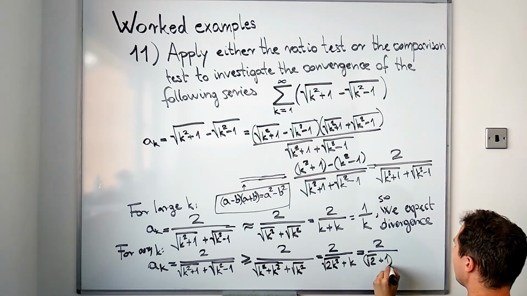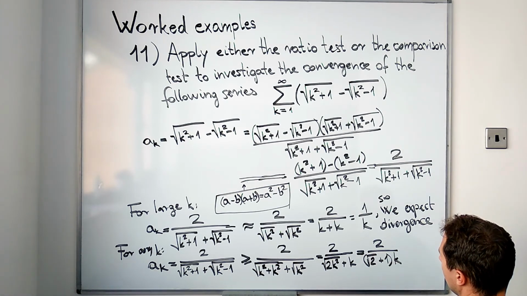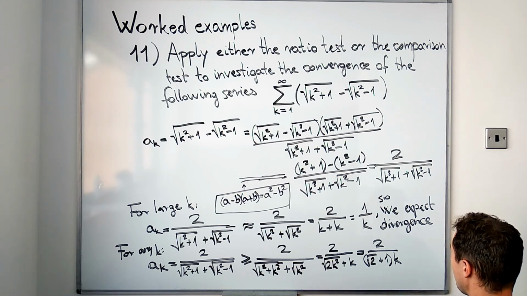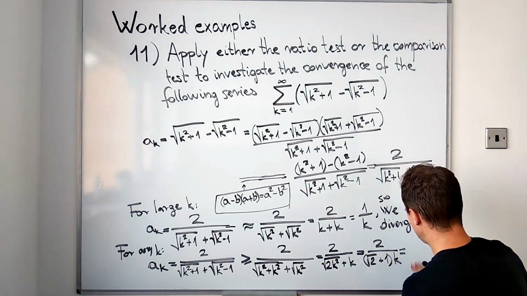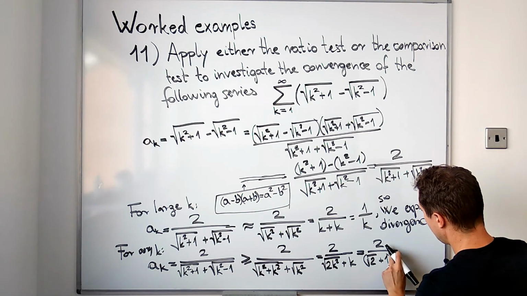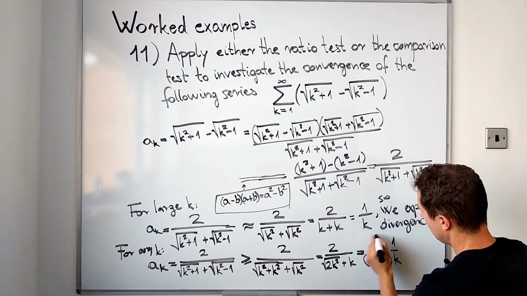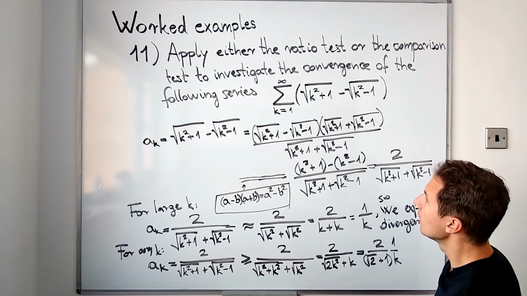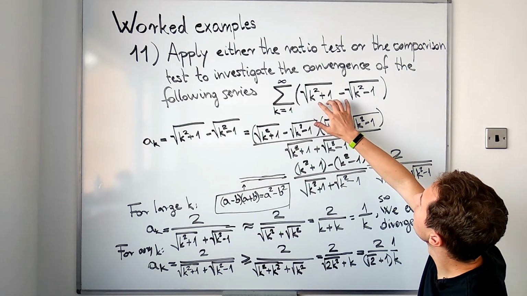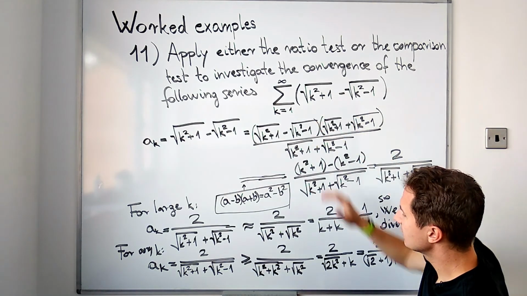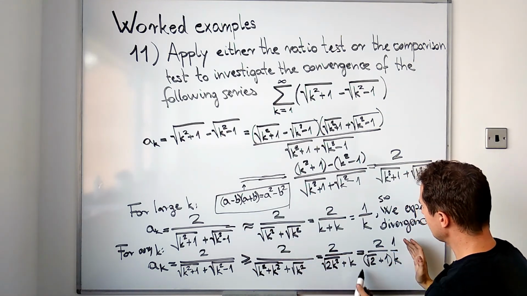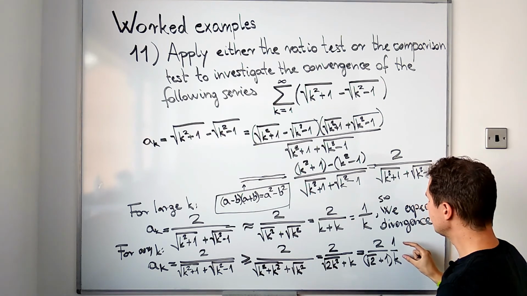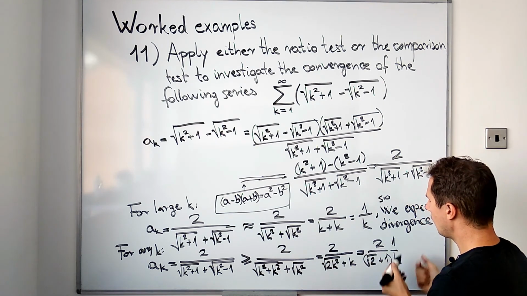So the whole denominator can be written as root 2 plus 1, times k. That is what we have. So this is just a constant times 1 over k. What we have found is that our original series has a smaller comparison series with this general term, and this smaller comparison series is just a multiple of the harmonic series.